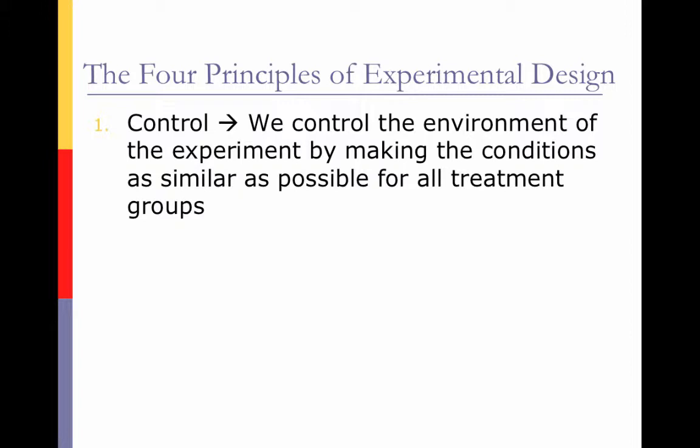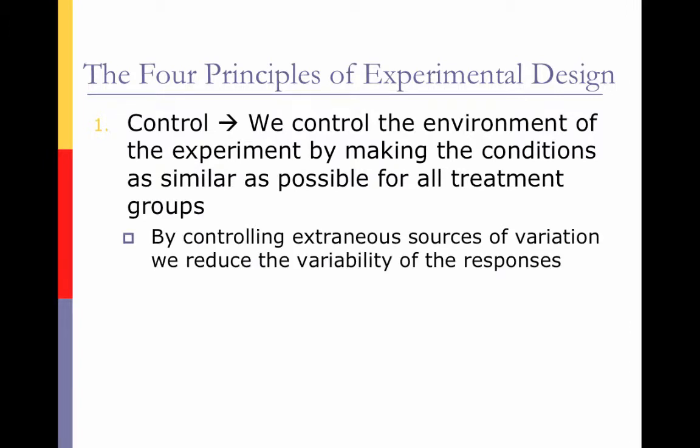So you don't want outside influences to have an effect, or at least if they do have an effect, have the same effect across all treatment groups. By controlling the extraneous sources of variation, we reduce the variability of responses. So again, if lighting is going to have an effect, if all 3 groups are exposed to the same amount of light, then that light would have an equal effect on all groups.